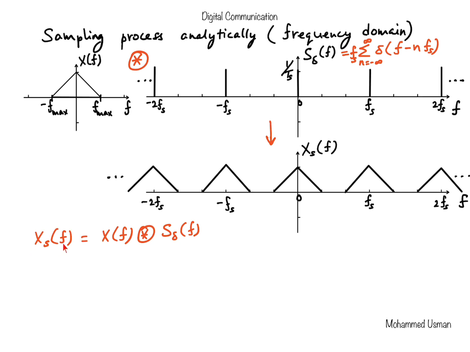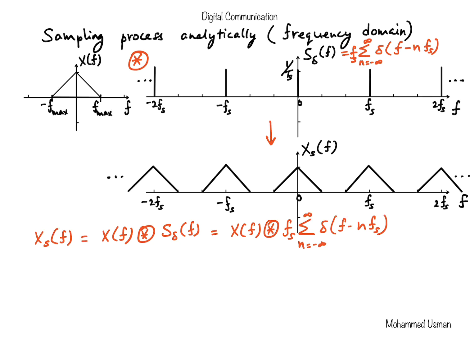So the spectrum of the sampled signal is obtained by convolving the spectrum of the original signal with the spectrum of the sampling function, which is equal to X of f convolved with fs times the summation of delta of f minus n times fs, where n goes from minus infinity to plus infinity.